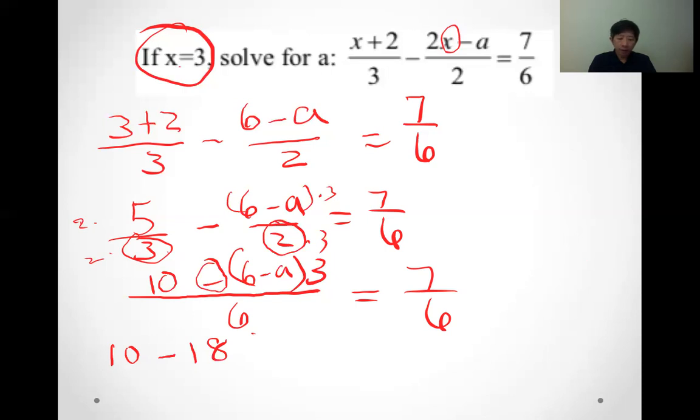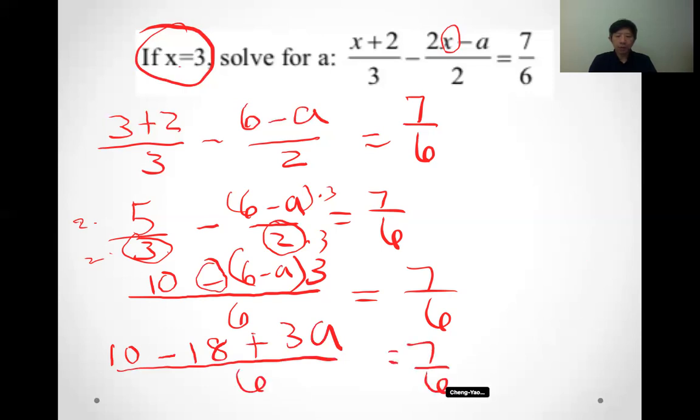We have a plus 3a. Now divided by 6, which equals 7 over 6, right? So now 10 minus 18, which is negative 8. All right? And plus negative 8 plus 3a, and over 6, which is equal to 7 over 6, right?